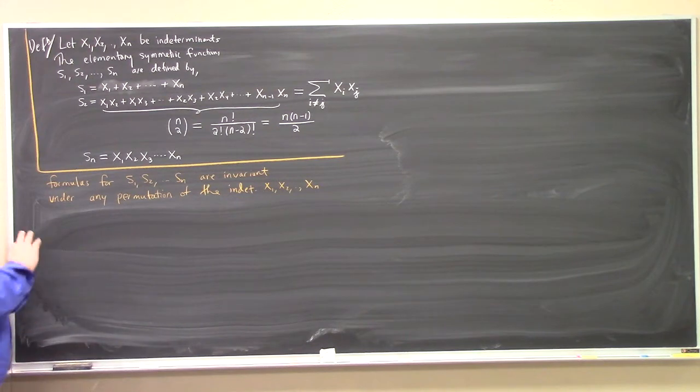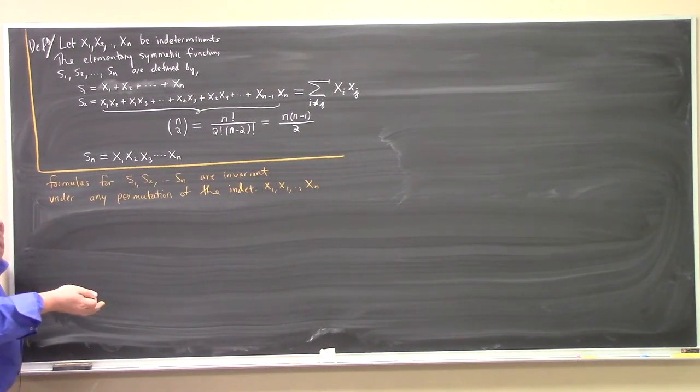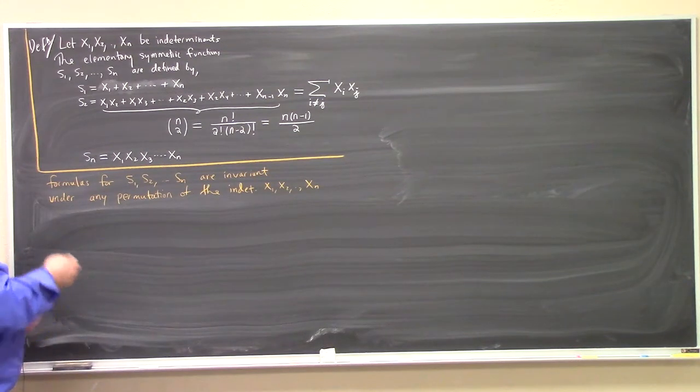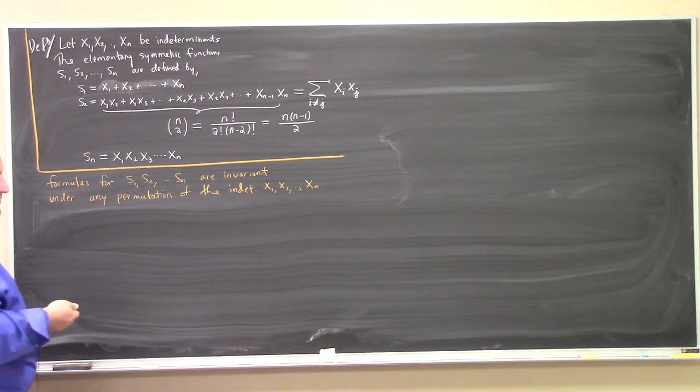If I permute the indeterminates, I still have the same formula, because we assume the indeterminates are commuting.